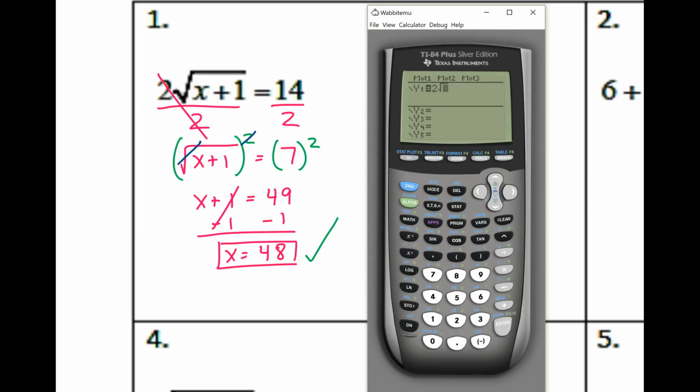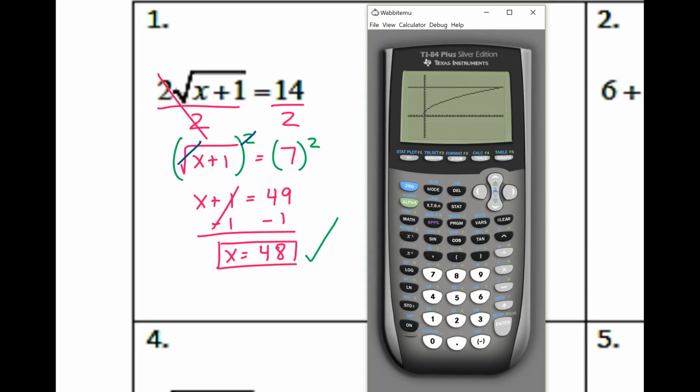So this is 2 square root x plus 1 and then 14. And then you graph it. And if you can't see the 2 lines, it means that you need to change your window, just so you can see more.